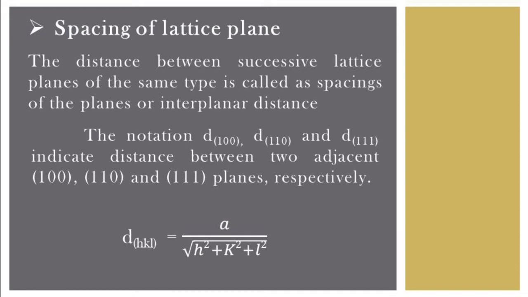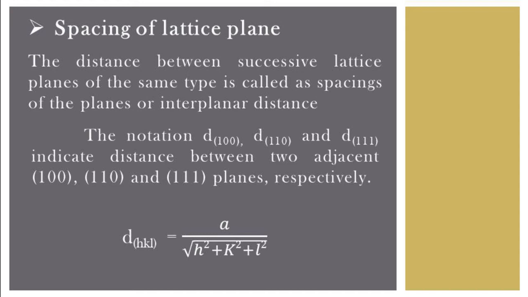Spacing of lattice planes. The distance between successive lattice planes of the same type is called the spacing of the planes, also called the interplanar distance. The notations D100, D110 and D111 indicate the distance between two adjacent 100, 110 and 111 planes respectively.